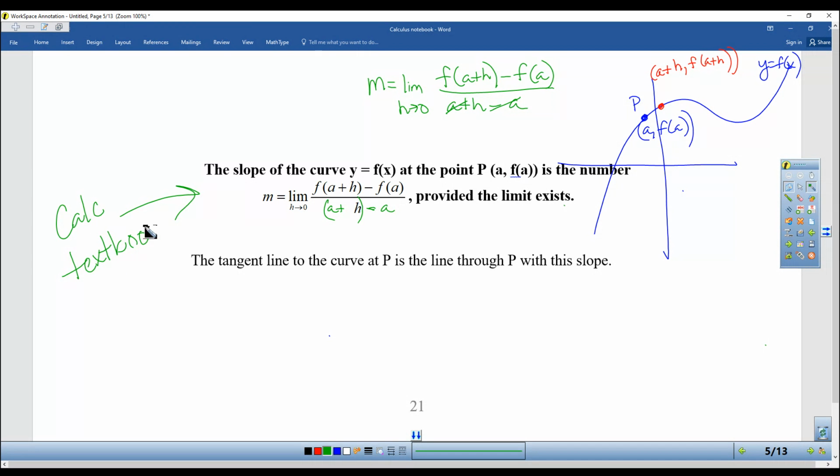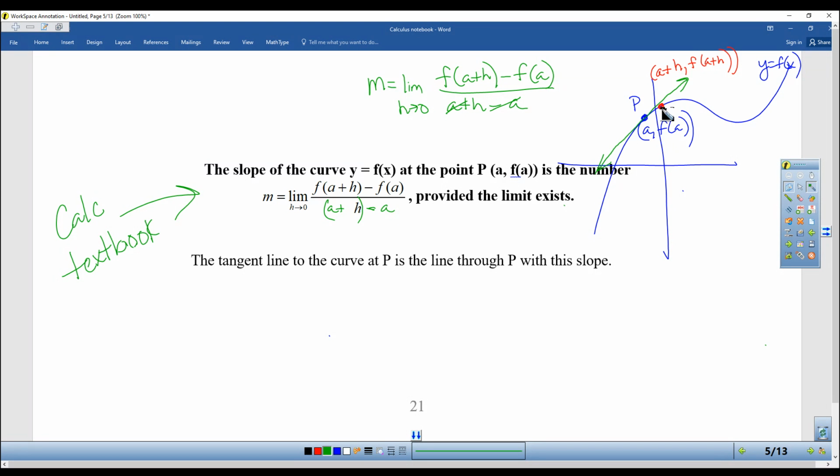Very important that you learn this year how to read mathematical textbooks, because you could definitely have a professor you don't understand, or an online class, imagine that made no sense, and you're going to have to look things up in a book. So I'm going to try and improve your reading skills. The tangent line to the curve at P touches really briefly.